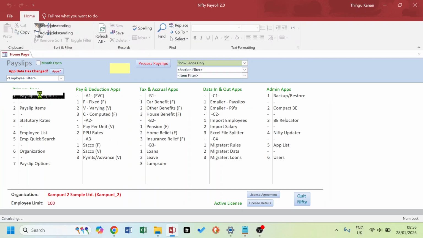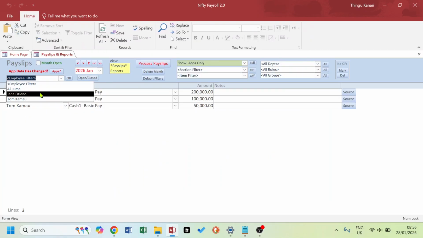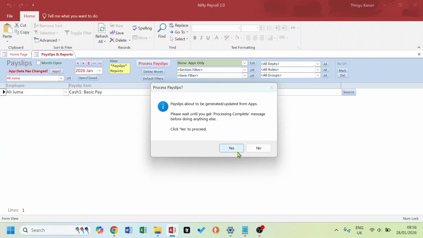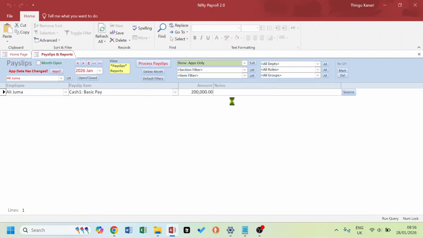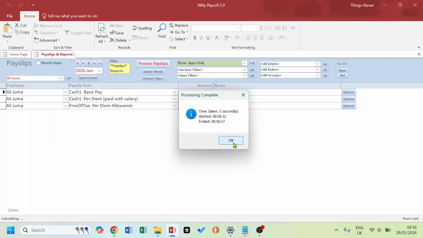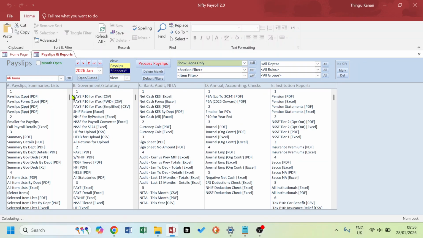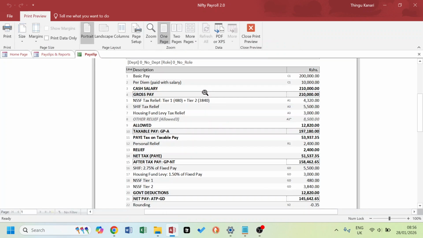So if we come and look at the payslip, let's look at just that guy. We process. The two entries will be added when you process, and they will affect. There we are. So there are your two entries. If we look at his payslip, the taxed bit sits up here, is added to gross pay, and also to taxable pay.